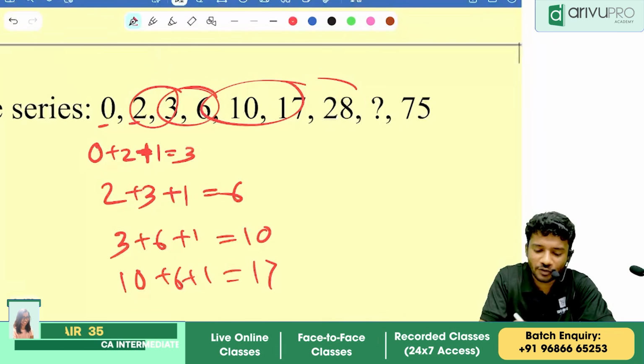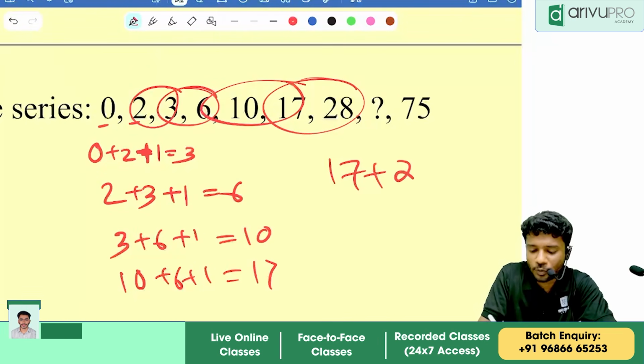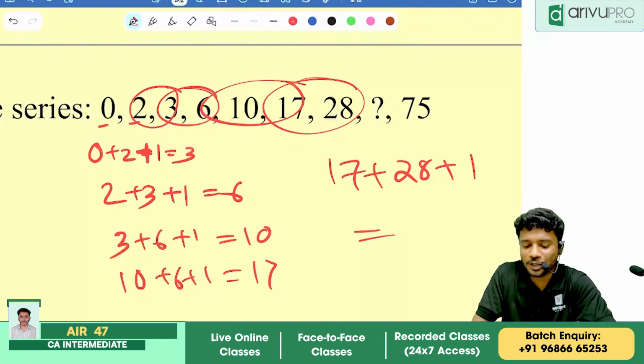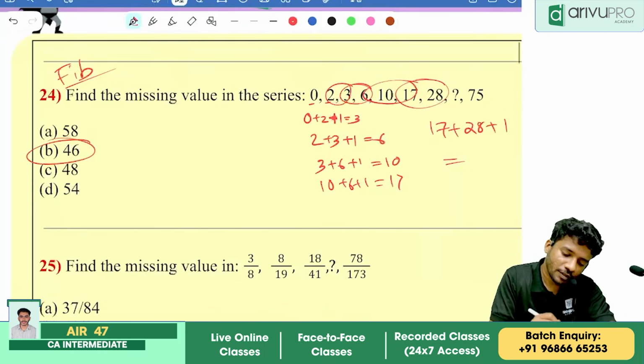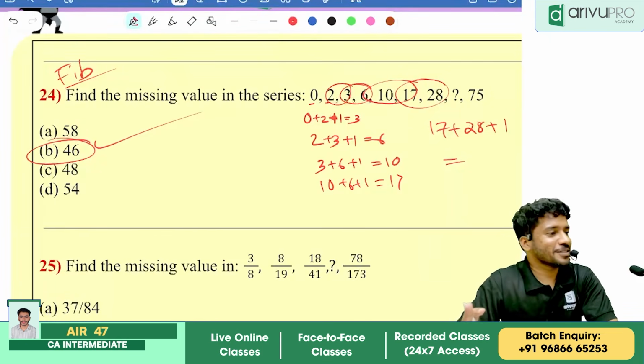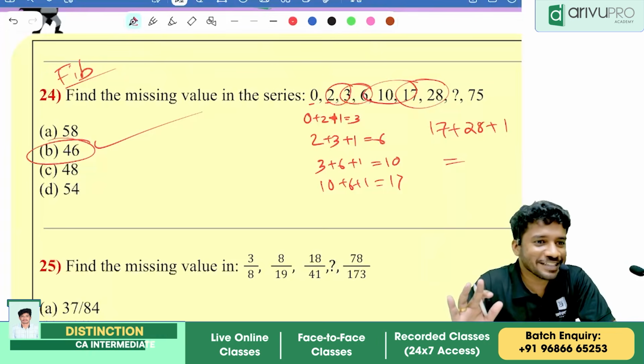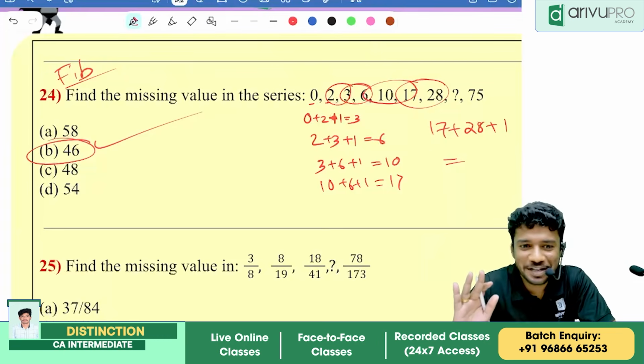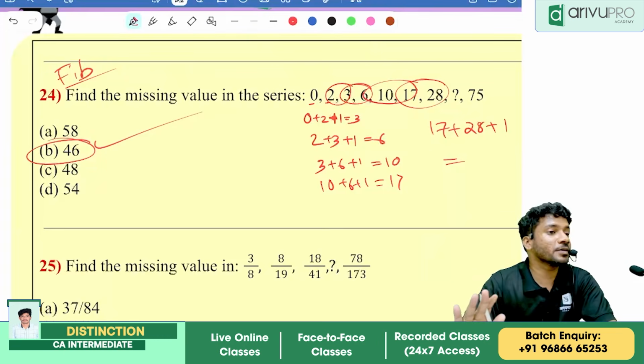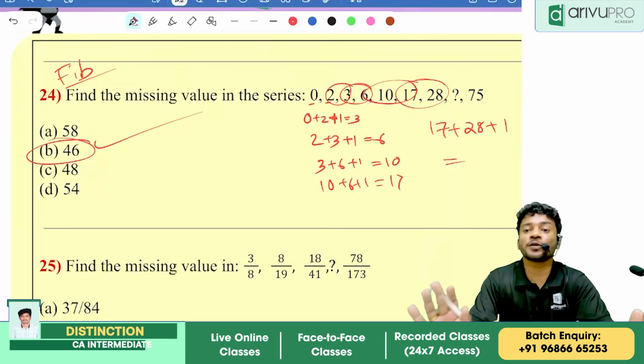So our pattern will be what? 17 plus 28 plus 1, which is equal to how much, people? 46. Think about it. Inside the exam hall, a question like this came. We will never get the answer. Gone. But always remember this Fibonacci series.